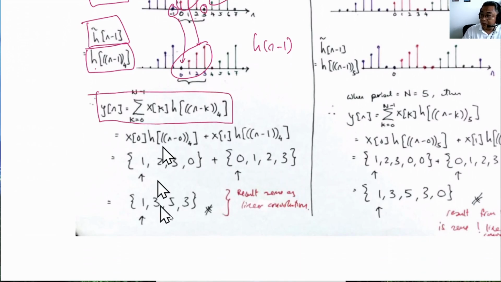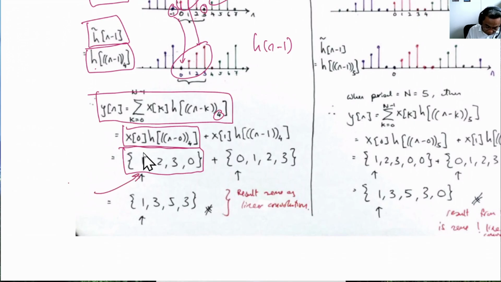So this is circular convolution here again, and that little 4 here shows us that we are assuming our sequences are periodic with 4 samples. The first one, x[0]h[n-0], this is the same. So the only difference now is that the sequence that I'm showing you is N equals 4 samples, not 3 anymore.